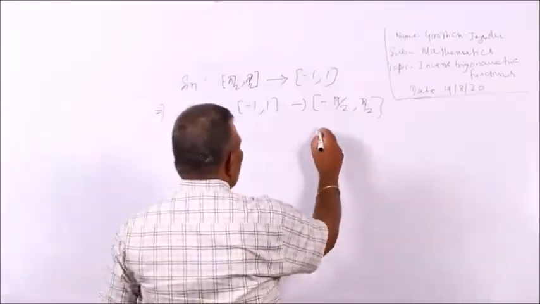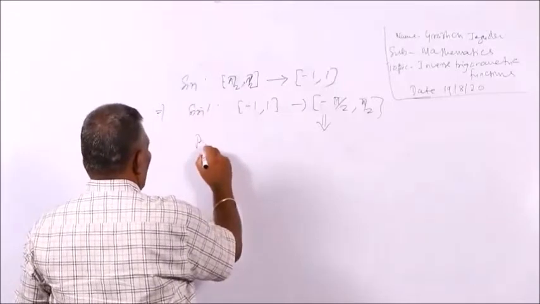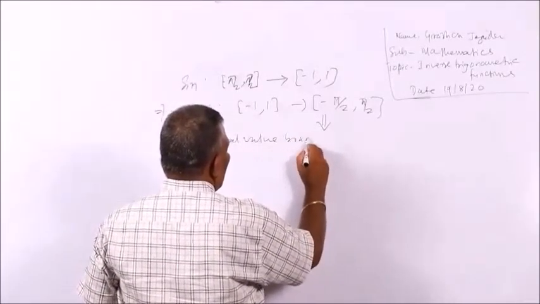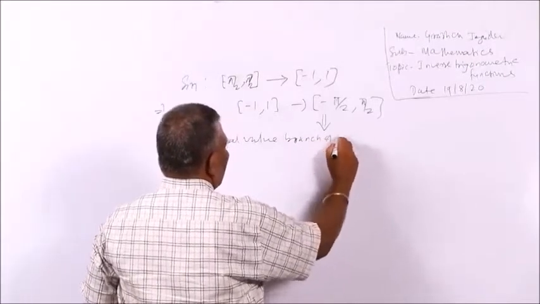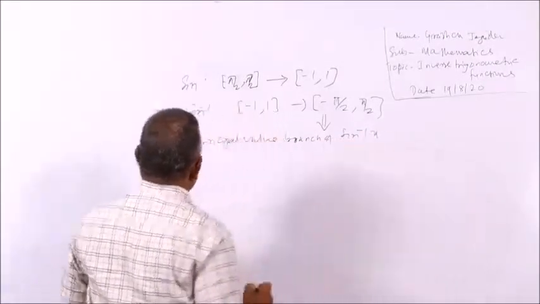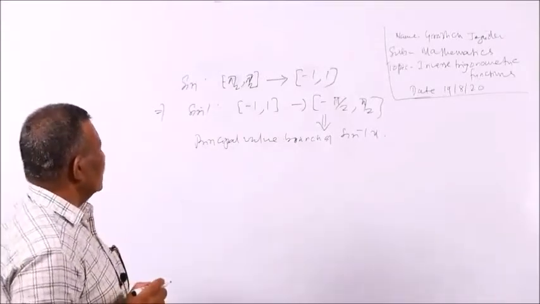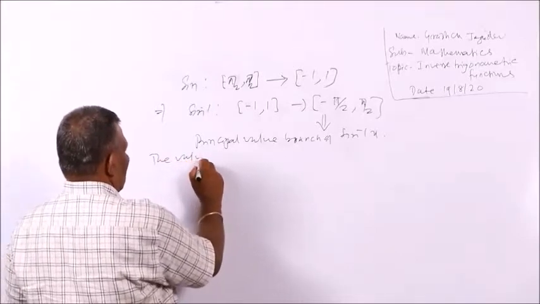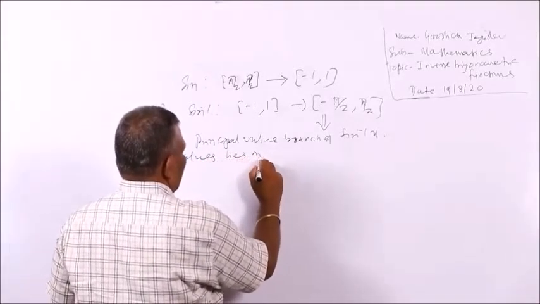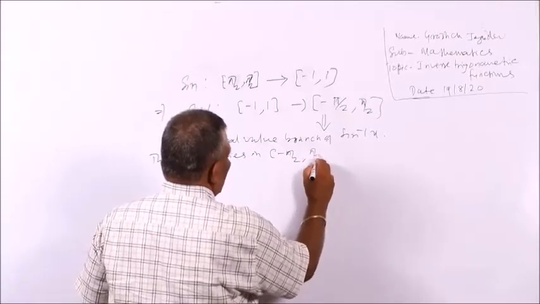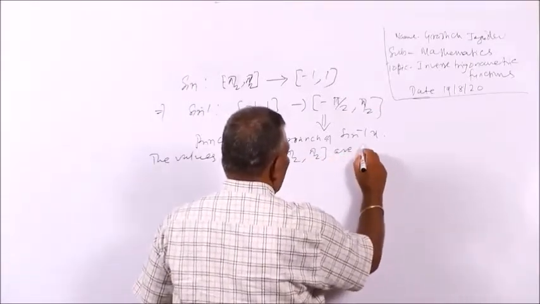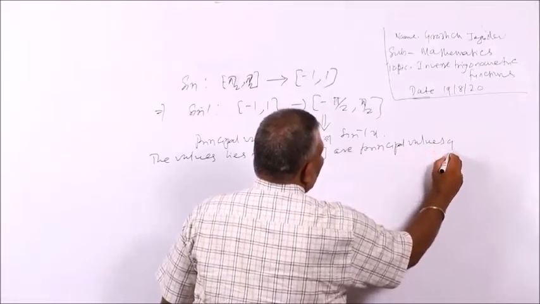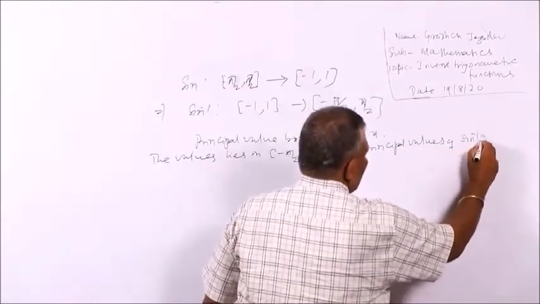This is called the principal value branch of sin inverse x, and the values which lie in -π/2 to +π/2 are principal values of sin inverse x.